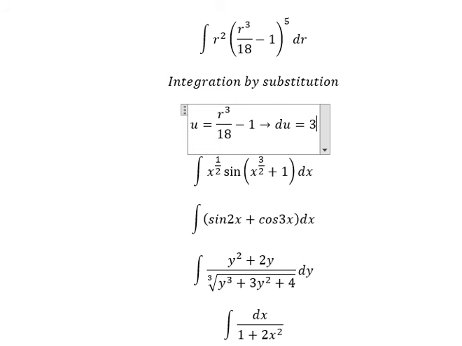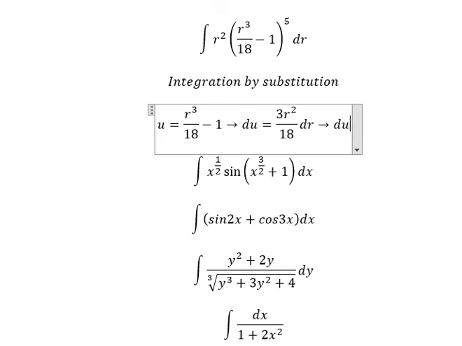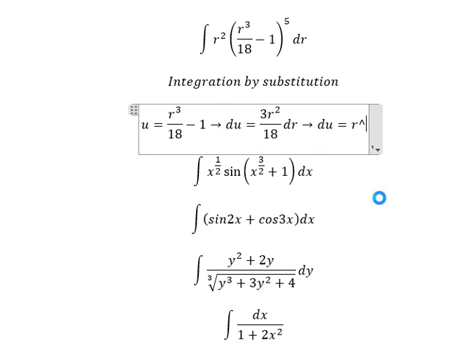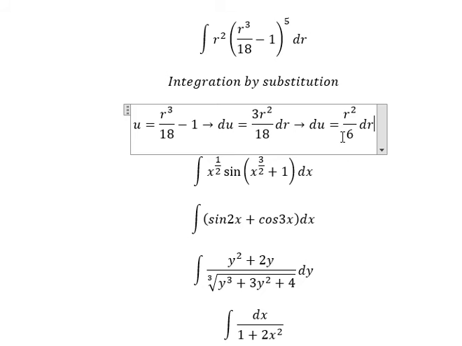So you got 3r squared over 18, and we have dr. We simplify number 3 and number 18. We don't have number 6 in here, so we multiply both sides by 6.